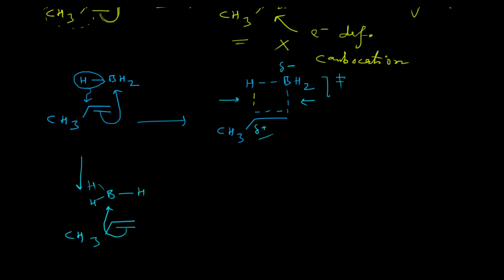I am showing both the possibilities in order to explain the mechanism efficiently. So if the double bond breaks in this way and attacks this boron center, then after this attack, boron will release a hydride and this will attack this carbon center. And this will lead to the formation of a transition state like this.